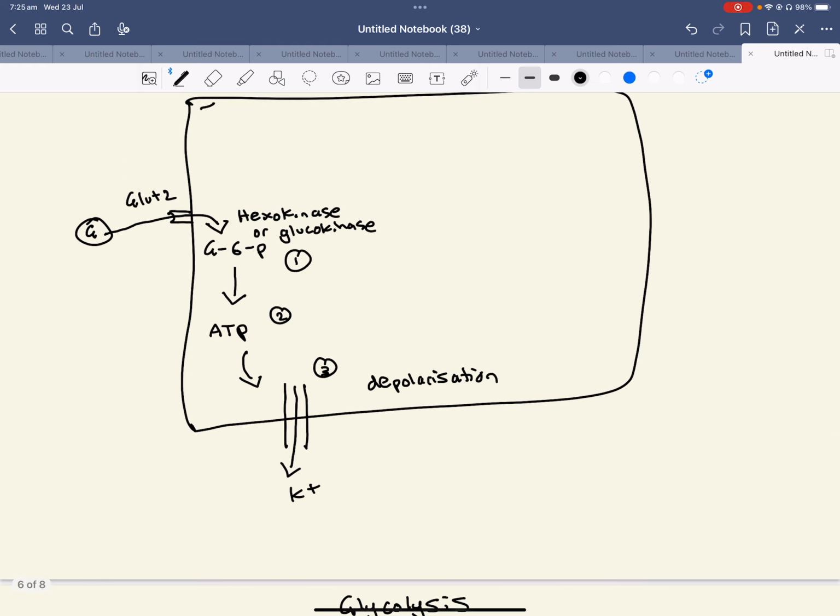Okay? We also have calcium channels. And when these calcium channels sense depolarization, they automatically open and calcium floods into the cell. Okay? And we've got calcium receptors inside the cell.